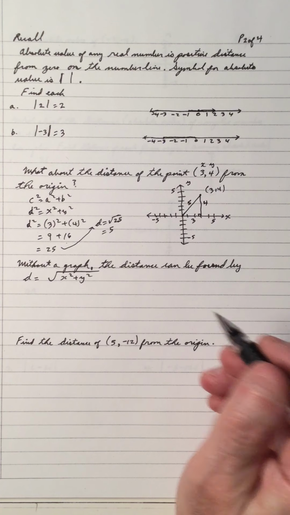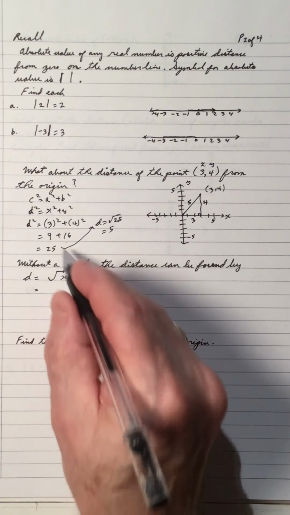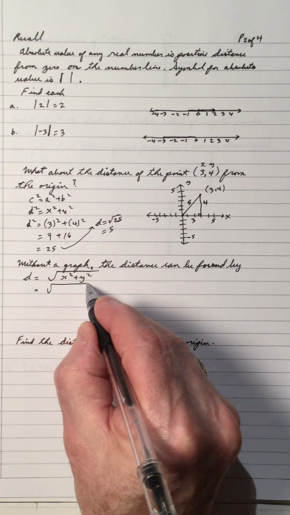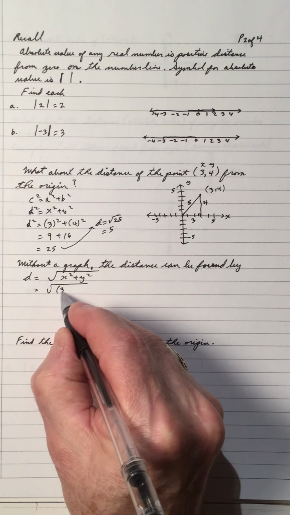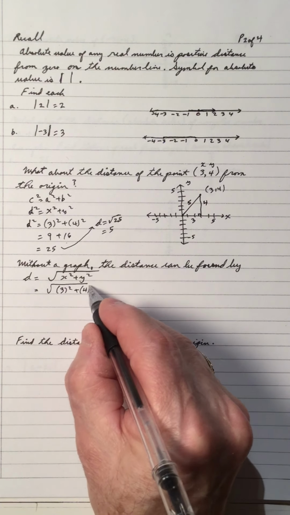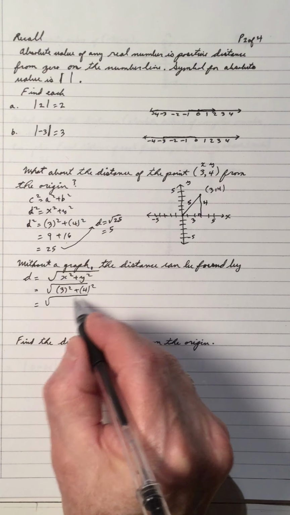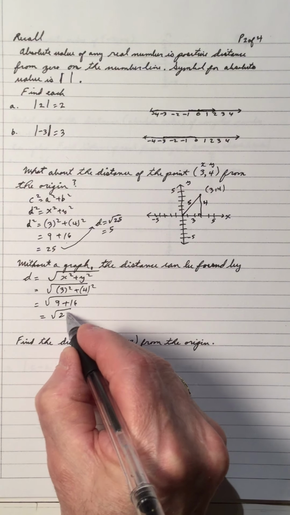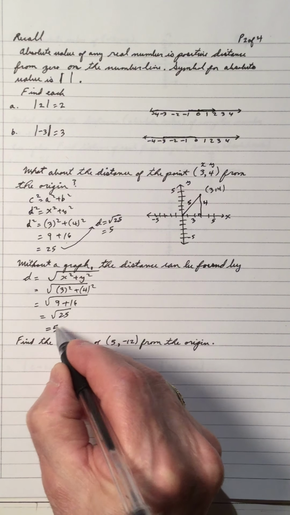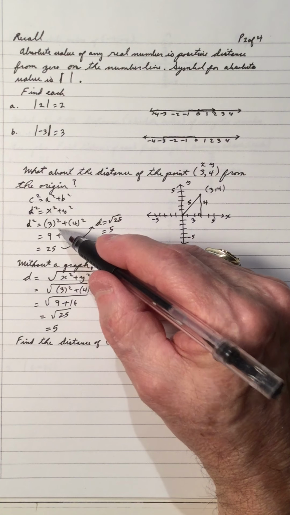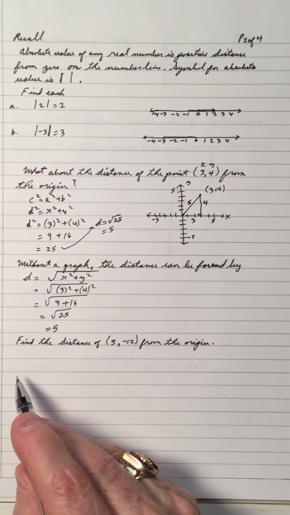So x is 3, y is 4, that's the square root of 9 plus 16, that's the square root of 25, which is 5. So I could do it with the Pythagorean theorem like I did here, or I could do it with this formula.